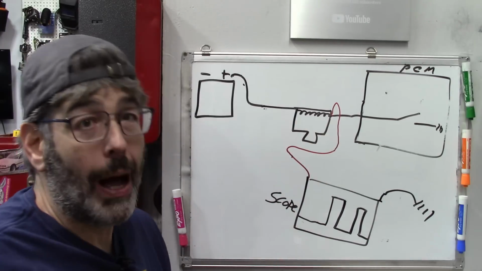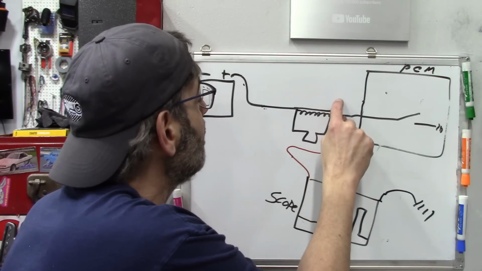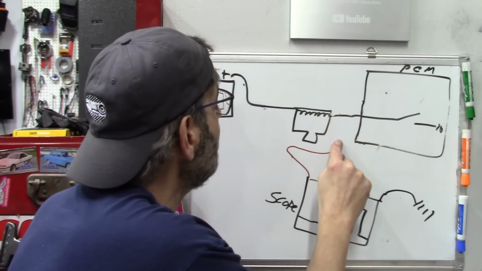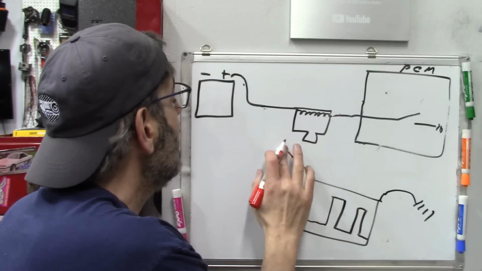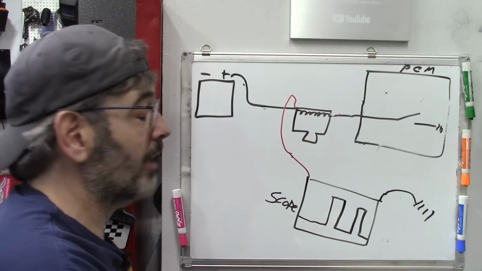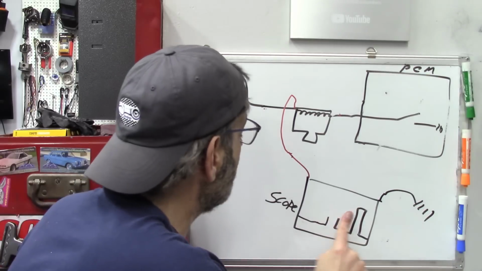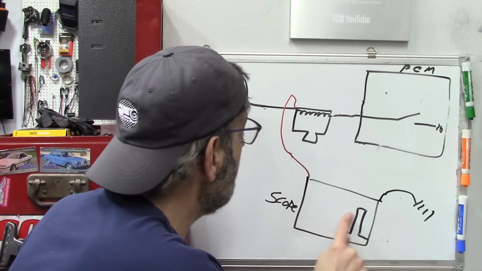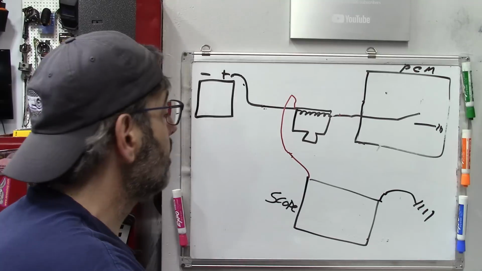Now, this is why it's really important. What would happen if instead of this, we did what would seem to be the intuitive thing, and we take our positive lead and we put it to the power side of the injector? What are we going to read on our scope here? Well, we are going to always, no matter what, read 12 volts.